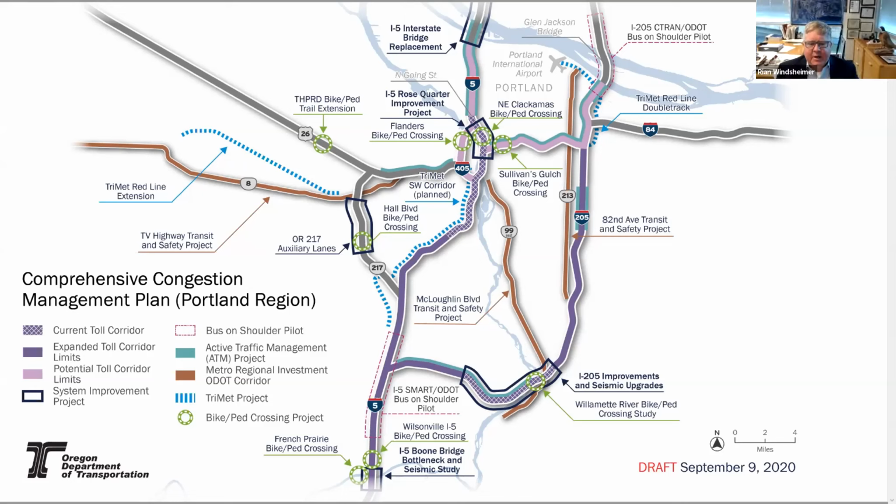Well, let me help a little bit with that, since that's actually being delivered by the region, and so we're managing that project. It's on the urban mobility map because it's a very important project to urban mobility, but it's being delivered by the region, as are a number of the projects. And that's one of the things Brendan and I are still spending a lot of time working on, who's doing which one of these. Some of them are being delivered by the city of Portland, for the Flanders bike ped crossing, for example.